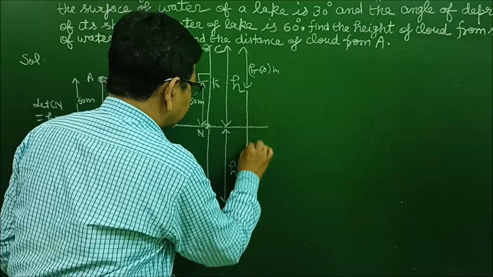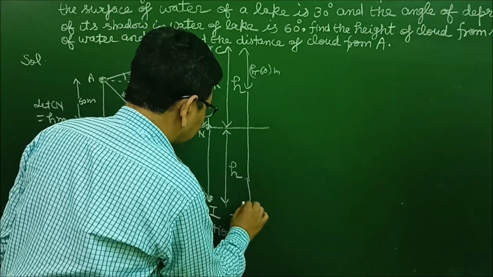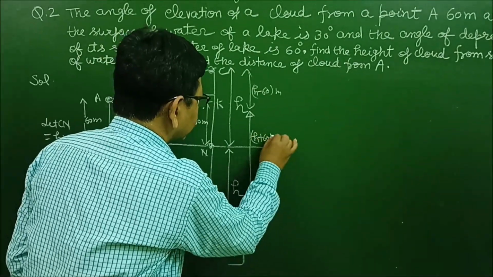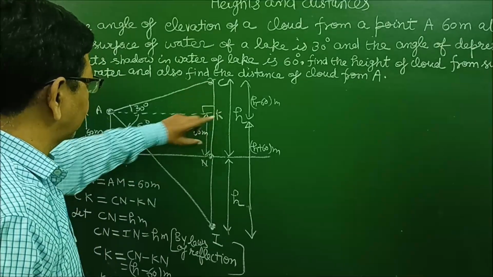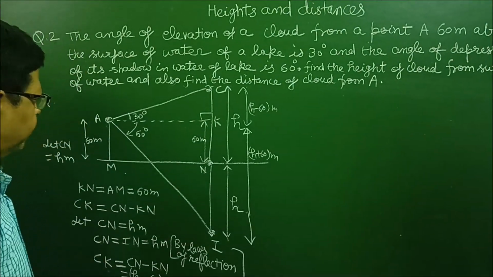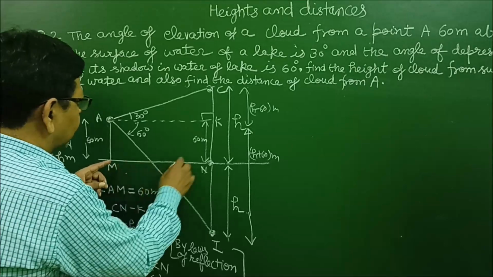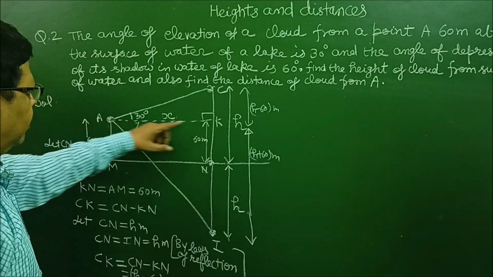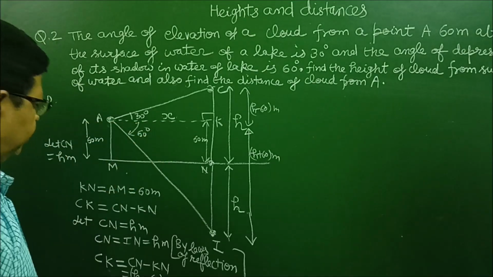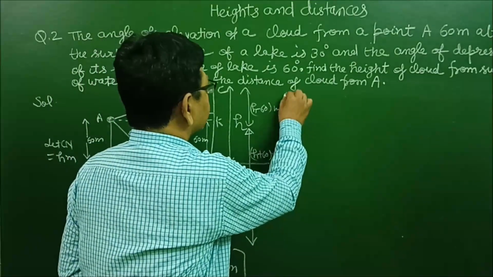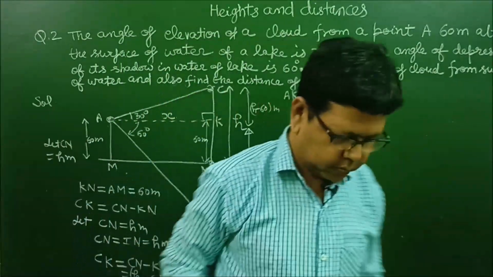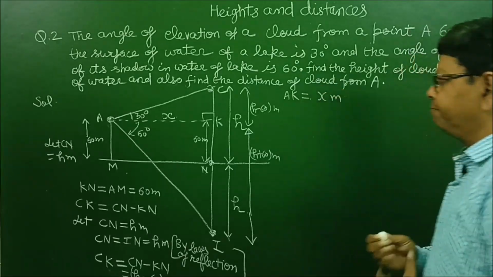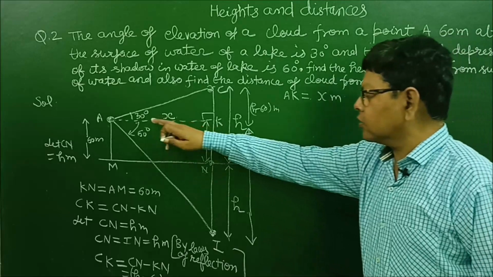And this distance from this point to the point I is H plus 60 meters. तो ये दोनों डिस्टेंसेस अब हमको पता लग गए हैं. और let us take AK as x meters.